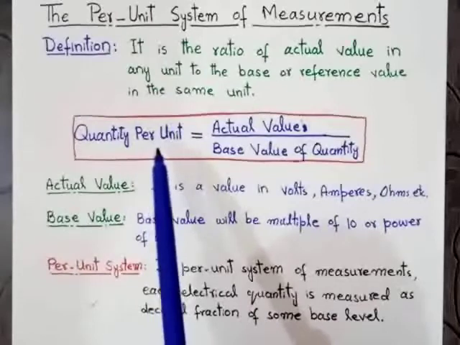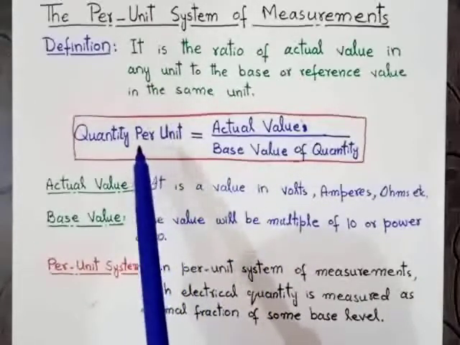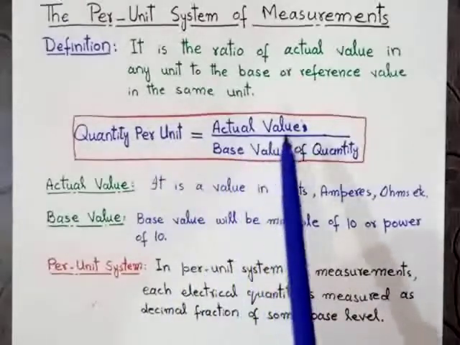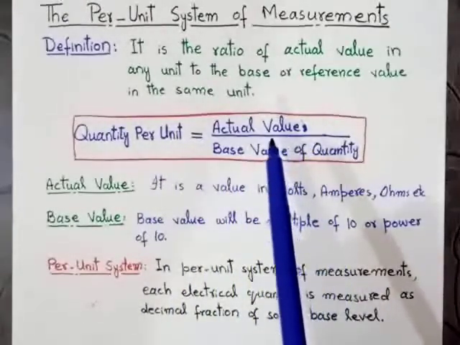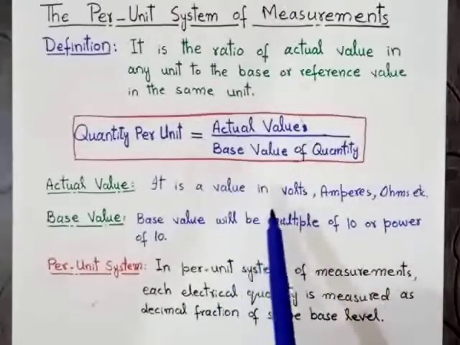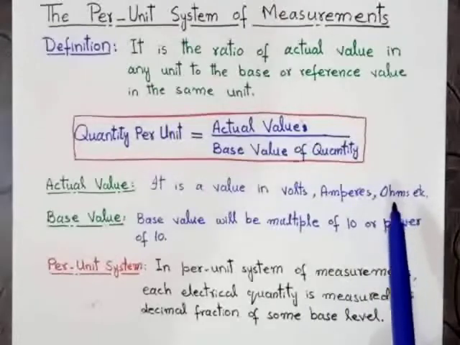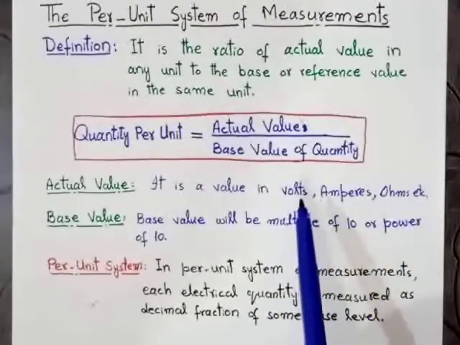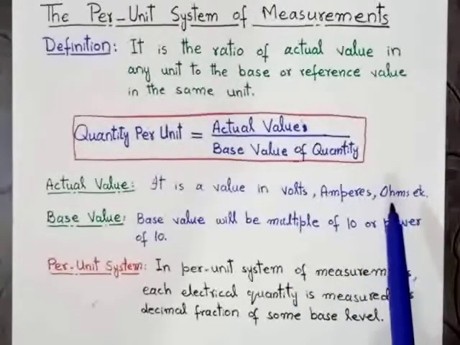The formula is: quantity in per unit is equal to actual value divided by base value of the quantity. Actual value is the value in volts, amperes, ohm, etc. That is, actual value will be in the form of voltage, current, impedance, etc.